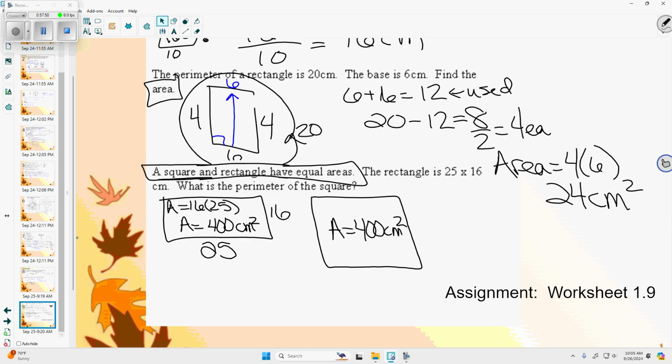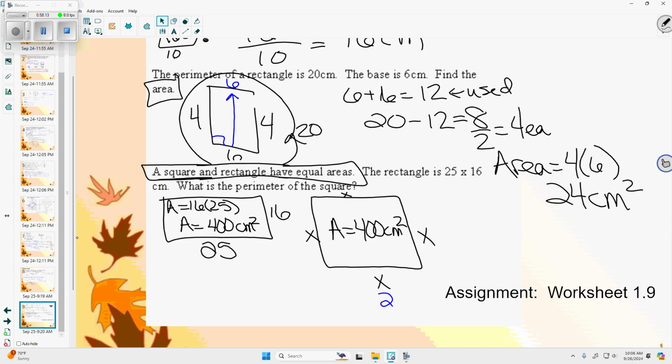Okay. What else do I know about squares? Every side is equal. Every side is the same. Do you think we can find the length of that side? 25. I heard 25.